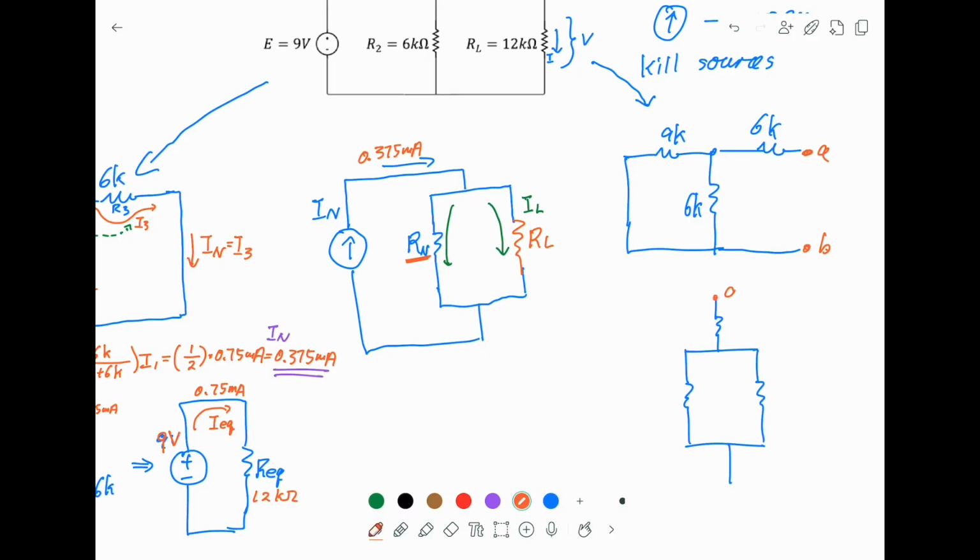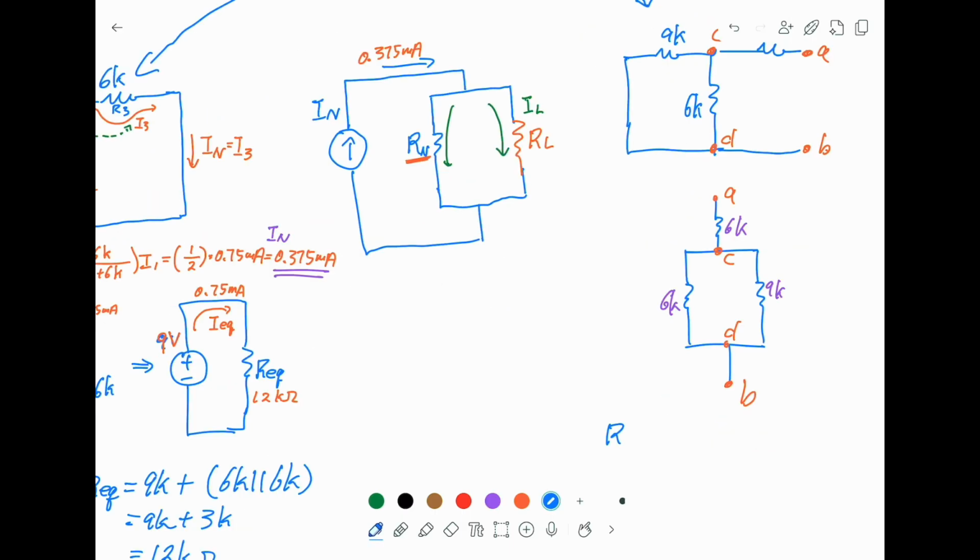This is your A, this is your B, and this is C and this is D. And this one is 6K, 9K, 6K. Or the Norton resistance, beg your pardon, is 6K plus 6K parallel 9K.